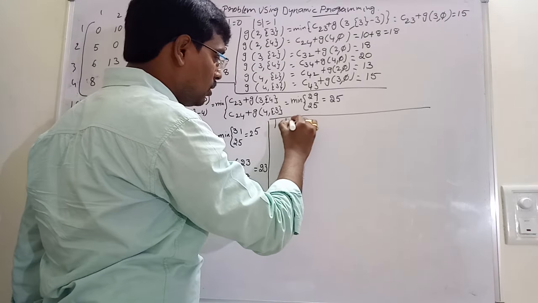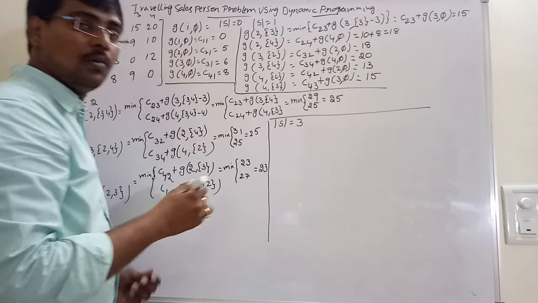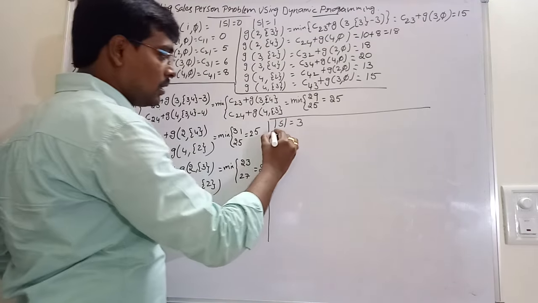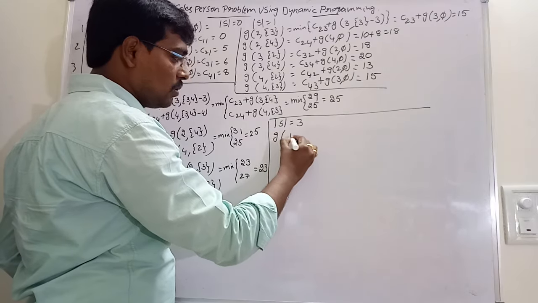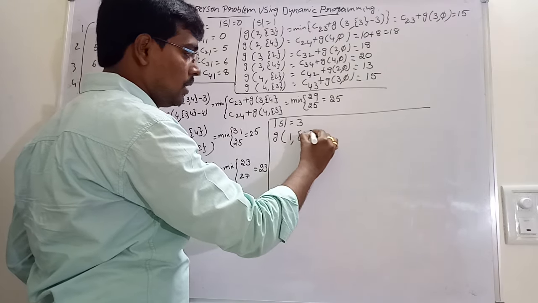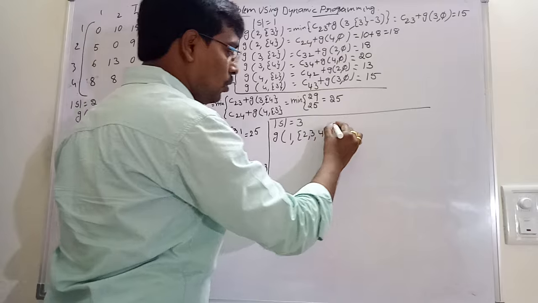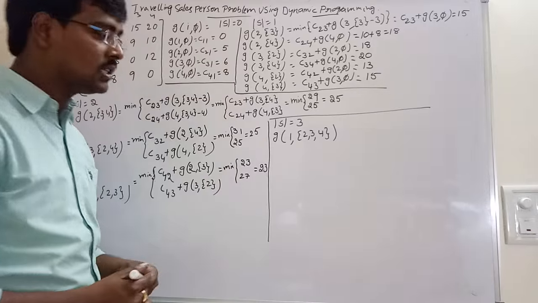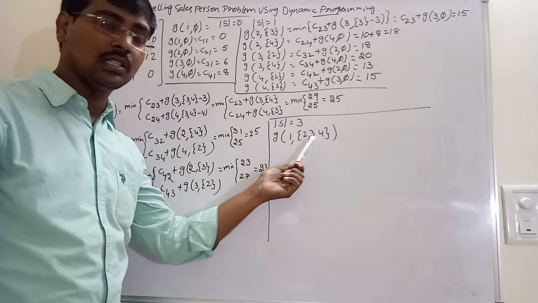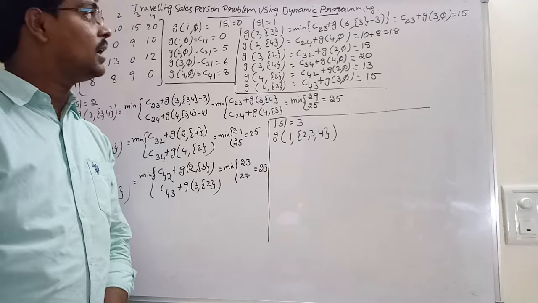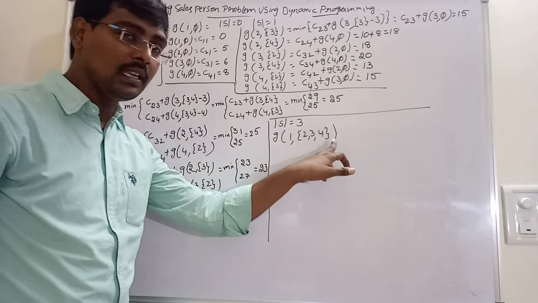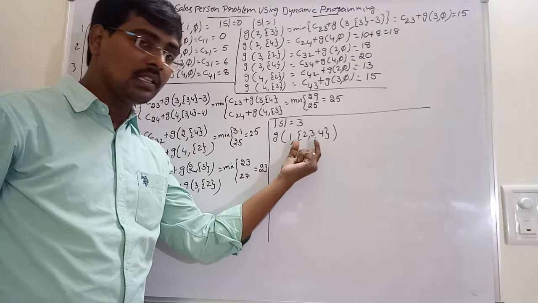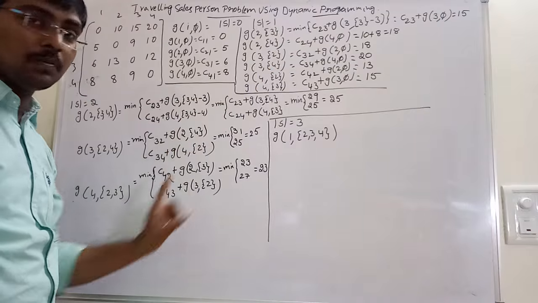Now |S| is equal to 3. So the only possible case is G of 1 comma {2, 3, 4}. We have 4 vertices. The set contains 3 vertices. So this is the possible case. Actually our goal is to calculate this step, so to get this answer we are calculating these previous steps.